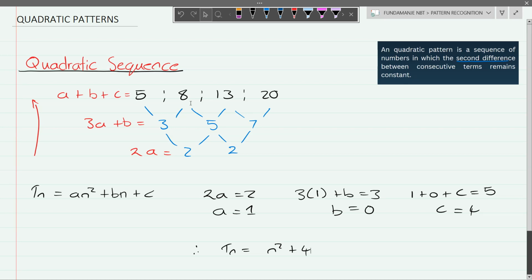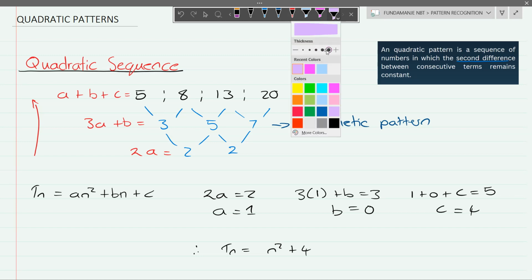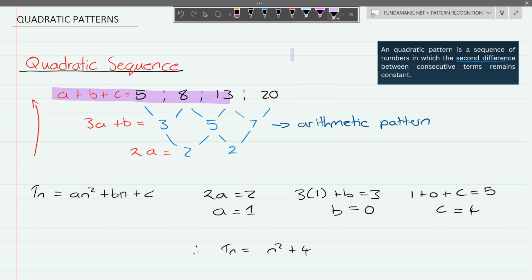You should just be aware of the nature of the quadratic sequence, meaning you should understand that the first difference forms an arithmetic pattern. So if you were to ignore the actual pattern, so just for a moment not consider this line, then this would basically be an arithmetic pattern with a constant difference.